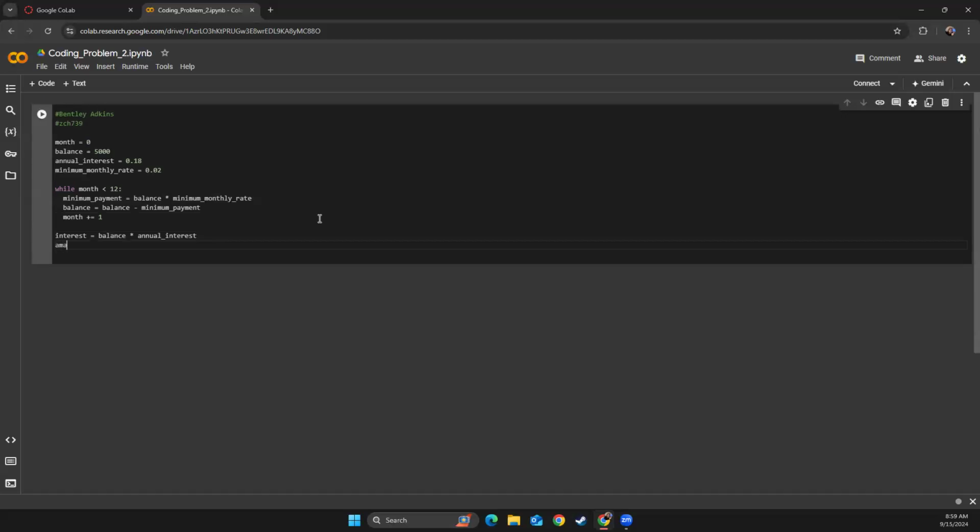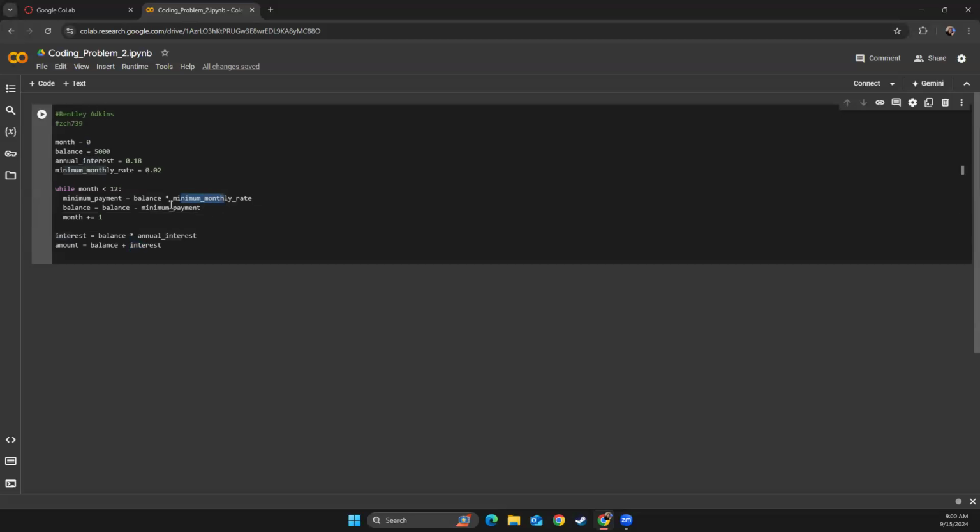Then our total amount will be that balance plus the interest. So this essentially is what's getting us our minimum monthly payment, and this is just getting our interest, which honestly is you're just multiplying it by 0.18 and then adding the interest.